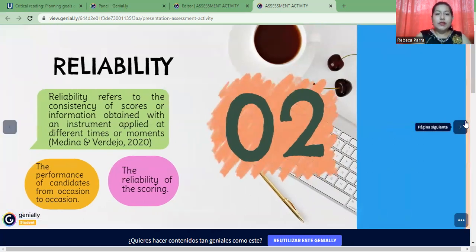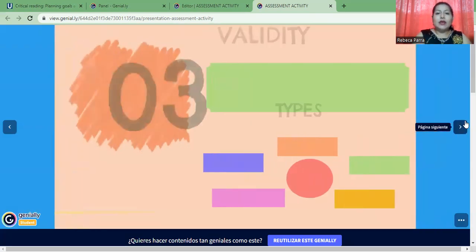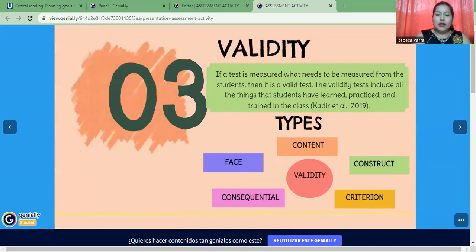Now, we continue with the third principle, validity. If a test measures what needs to be measured from the student, that is a valid test. Validity tests include all things that the students have learned, practiced, and trained in the classes.